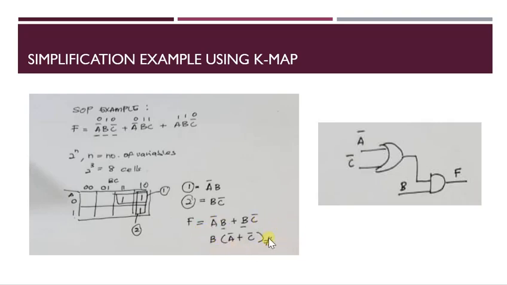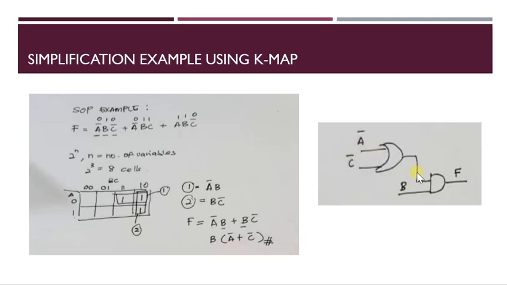For this example, for the simplified version, we can translate to the graphical representation. We can see that A bar, C bar has an OR operation, and this OR operation is connected with B using an AND operation, right? So we have A bar or C bar. This is the OR gate, and we have A bar here and C bar here, and you can also put the NOT gates here.